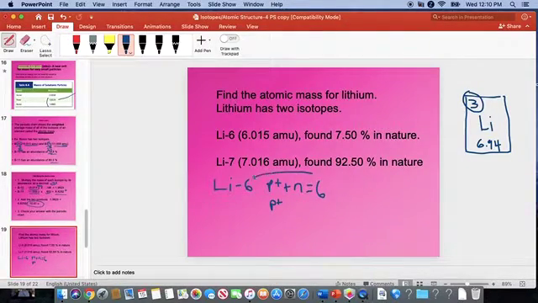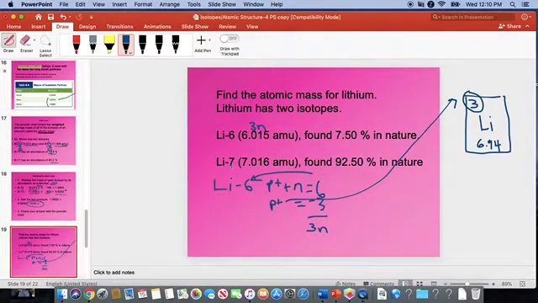The protons come from the atomic number, 3. So all we have to do is subtract 6 minus 3. So this lithium has 3 neutrons. I'm going to write that up here. And what's different about this one?